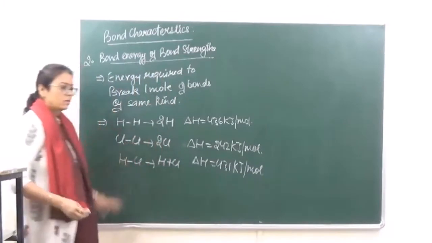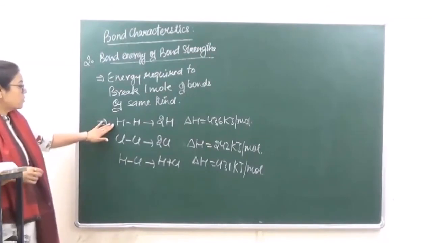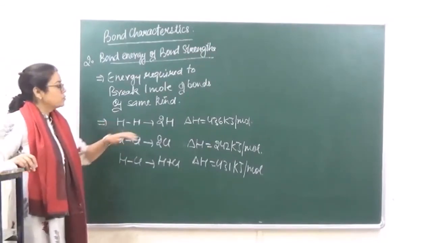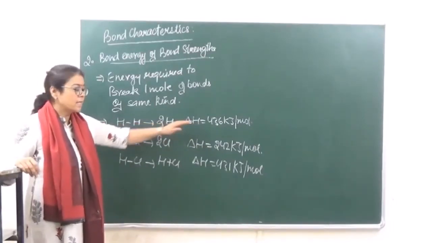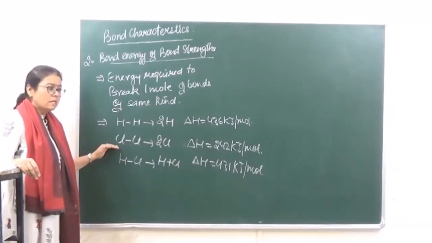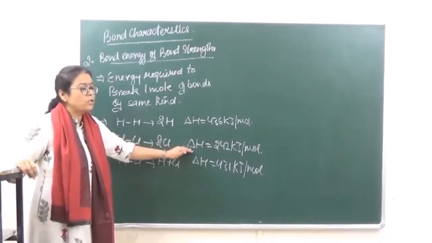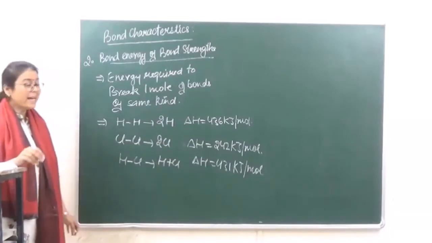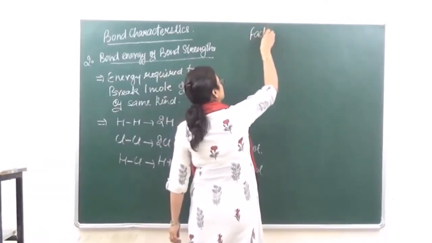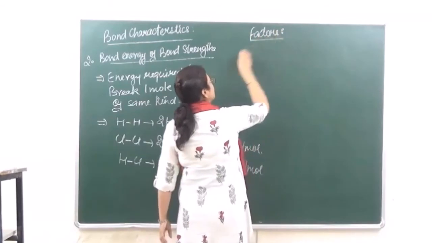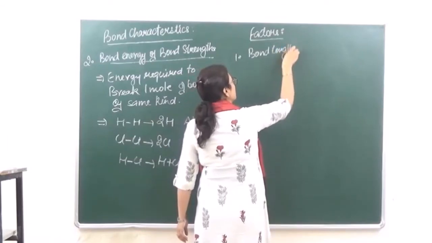Now what can we see here when we are looking at the data of the 3 bonds? The size of hydrogen is small, so the bond energy for breaking the hydrogen molecule is quite high, 436. But when the size of the atom is increasing, chlorine being a bigger atom than hydrogen, you can see that the bond dissociation energy is decreasing. So if you are looking at the factors on which the bond dissociation energy depends, the first factor is bond length.